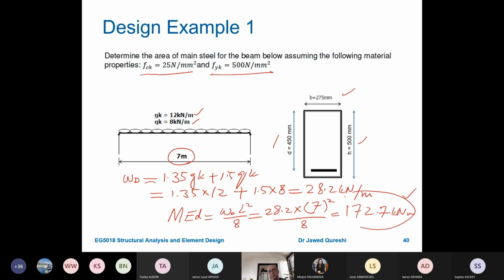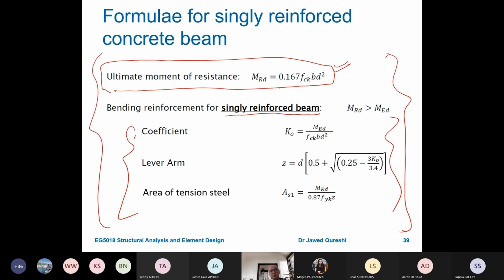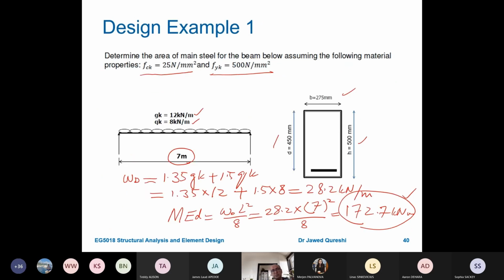If this moment is less than MRD, 0.167 FCK BD square, we design it as singly reinforced. 0.167 times FCK is 25, and B is 275 and D is 450.